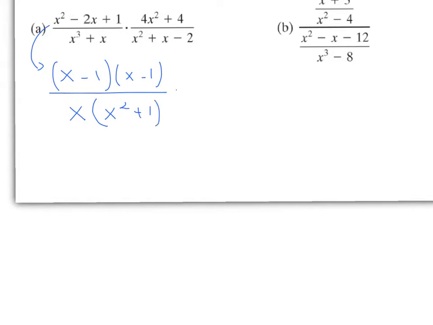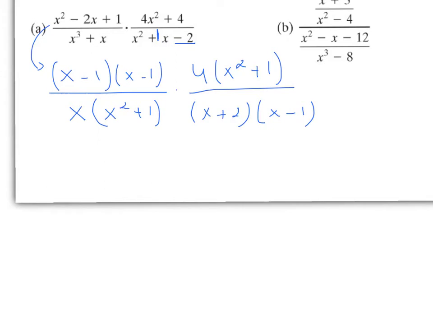Then 4x squared plus 4, we get 4 as a common factor, so 4 times x squared plus 1. Over, here we can see two values. We multiply them, we get negative 1, and we add them up, we get 1. These values are 2 and negative 1, so that would be x plus 2 times x minus 1.